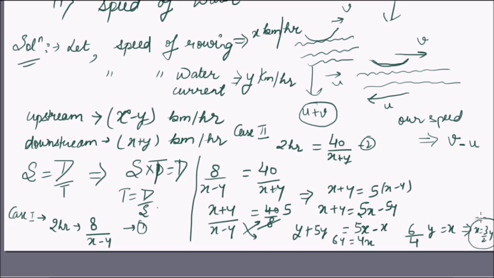Substitute this value in any equation 1 or 2. Let us put it in 1. We get 2 equals 8 over 3 by 2 y minus y. Or cross multiplying, we get 3 by 2 minus 1 into y, that is, bringing y common from these two terms, equals 8 by 2.